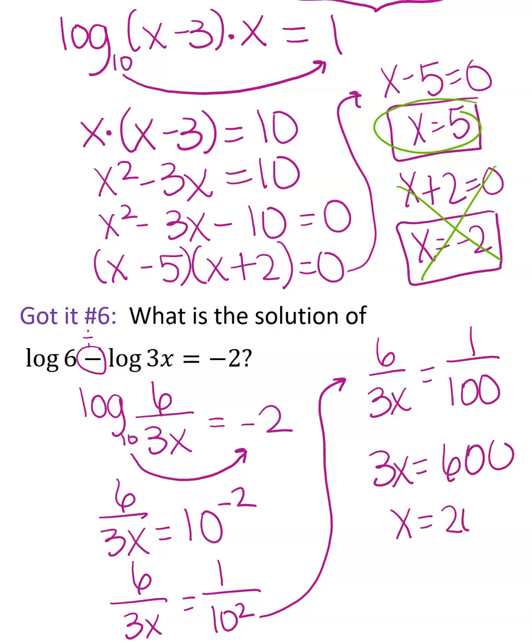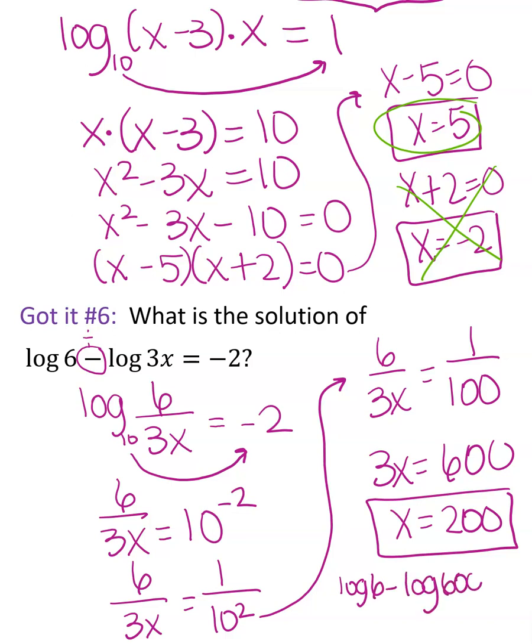X equals 200. Let's check it out. So we'll have log 6 minus log of 600 should equal negative 2. I multiplied 3 times 200 to get this 600. When you throw that in there, it does work. So this answer is correct.